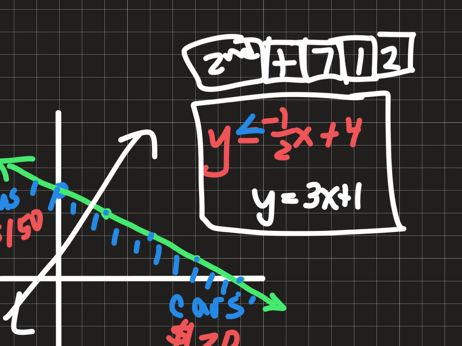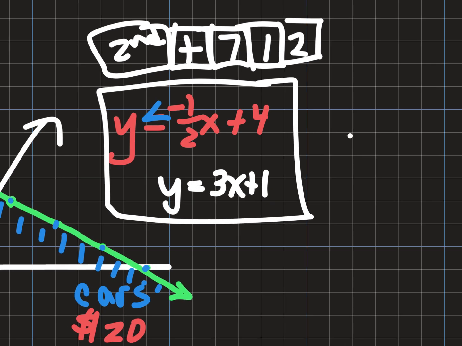Now, for those that missed that day, I'm just going to be super brief. You better go watch that video. But we're putting this under the y equals on the calculator screen. You got to be careful that you use a negative key, not a minus key, on your 1/2.